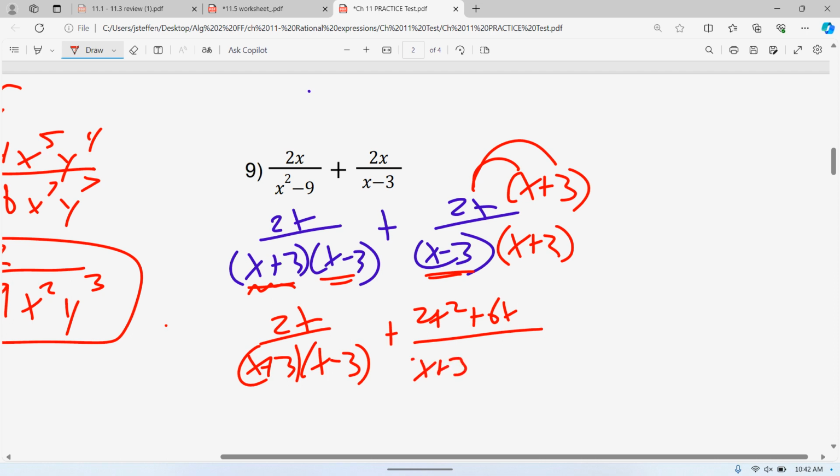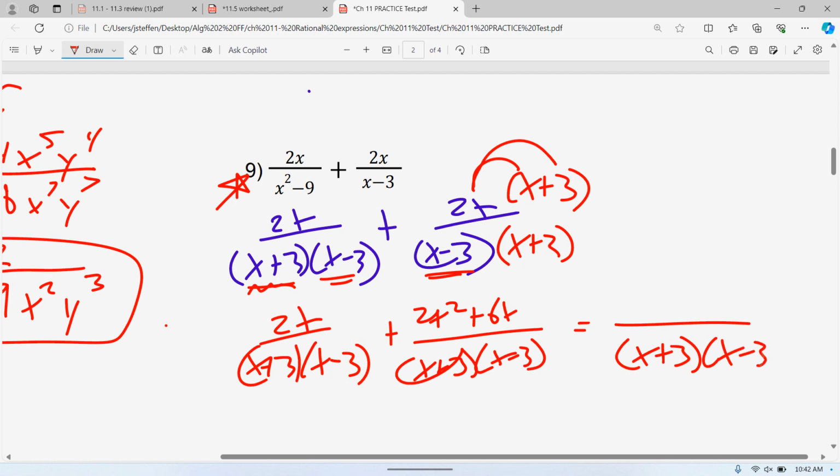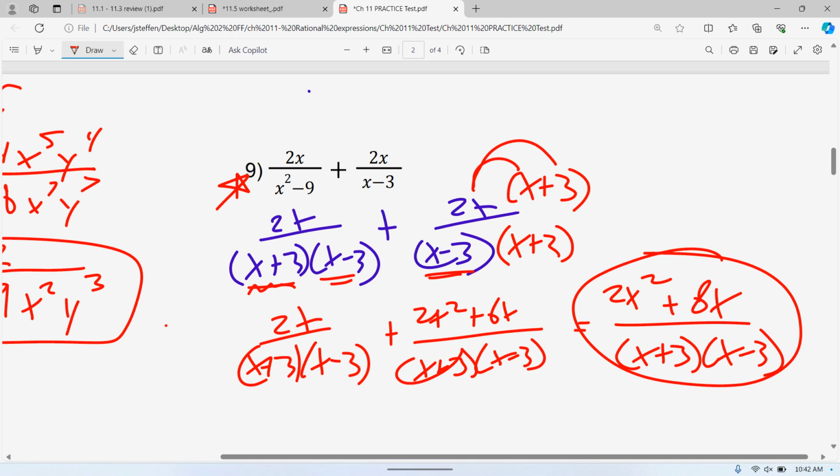Remember, that's your common denominator. That's what we found. So since our denominators are the same, we have (x plus 3)(x minus 3), and your numerator is in like terms. So 2x squared, we don't combine anything with that. 2x and 6x is 8x. That should be your answer for that one.